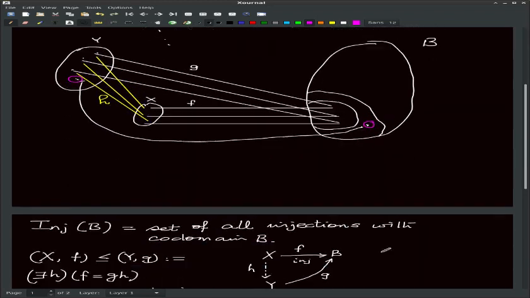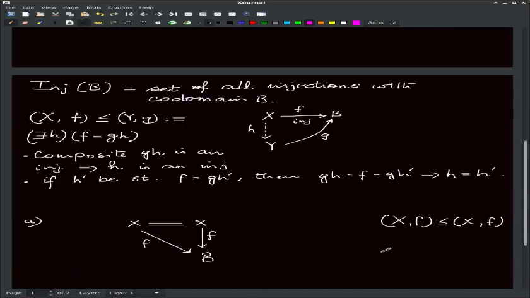So that is the idea behind saying that G is kind of having, or Y is having, more elements than X by this order. So this order, this less than that we have defined, kind of reflects the idea that there are more elements, or let me say more in Y than in X. Okay?